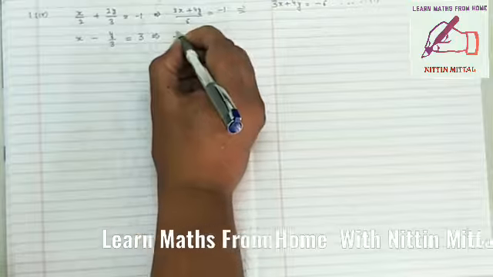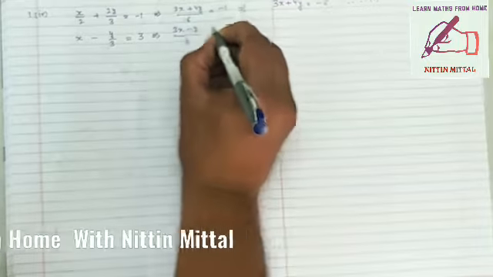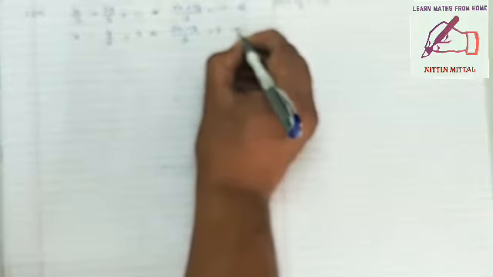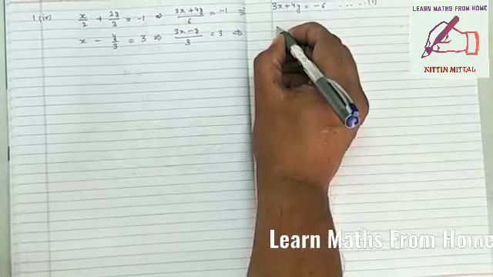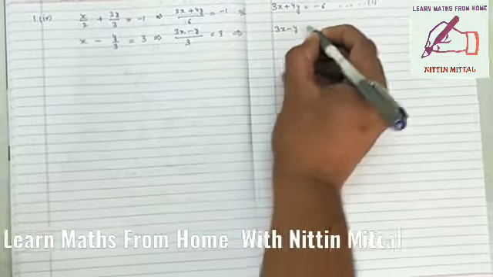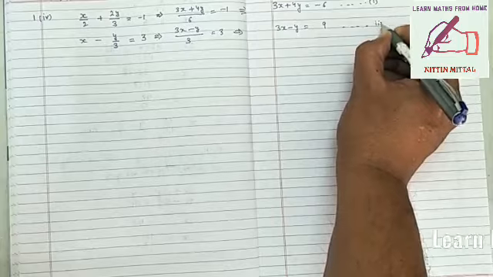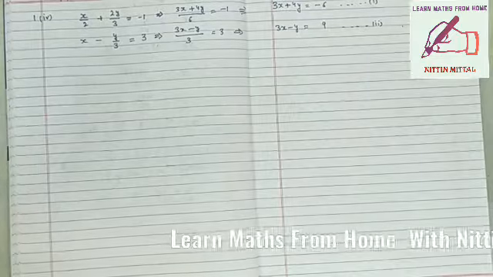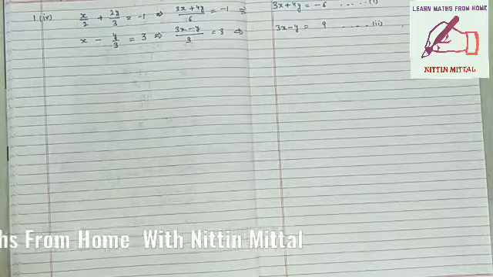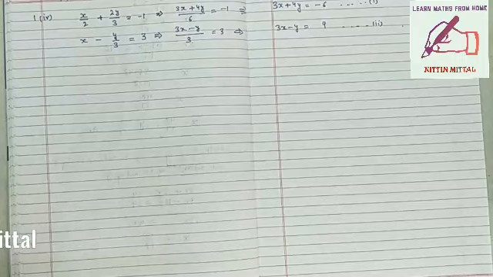It is 3x minus y equal to 3, that will become 3x minus y equal to 9. This will be equation 2. So we have our equations now in simple form, the way you used to see.